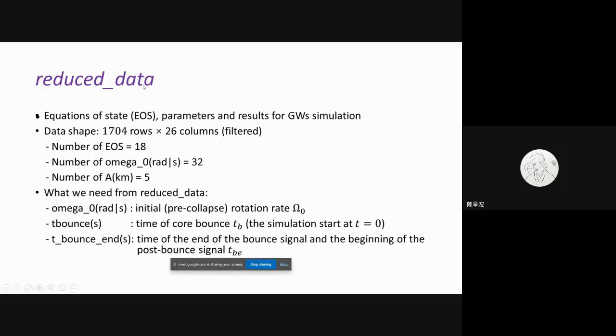Reduced data has 26 quantities stored, but we only need 3. This is omega 0, the initial rotation rate, and this is T bounce, and these 2 represent the starting times and ending times of the core bounce.